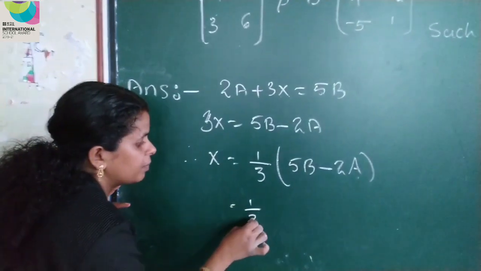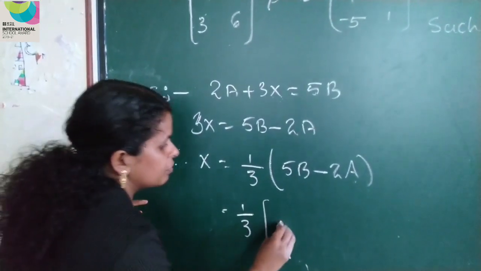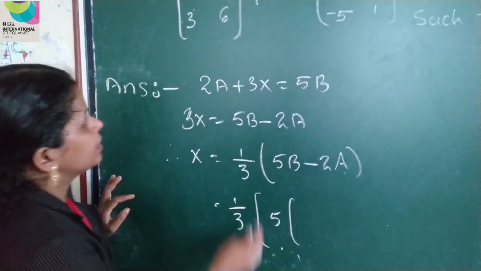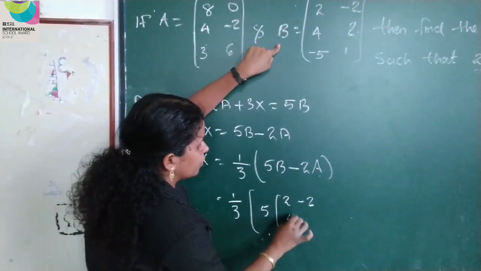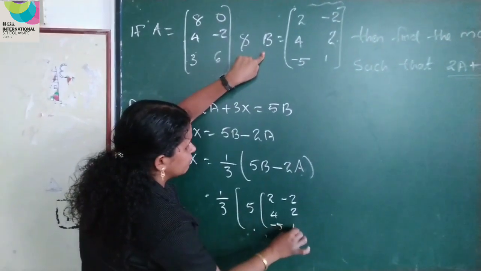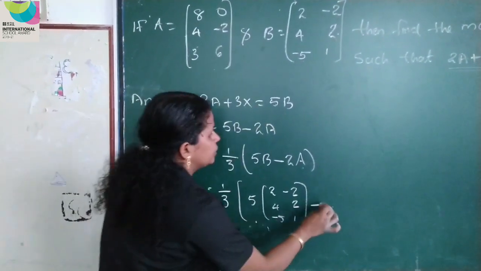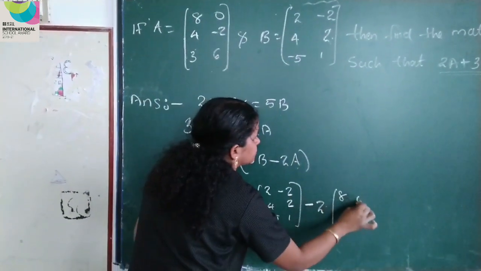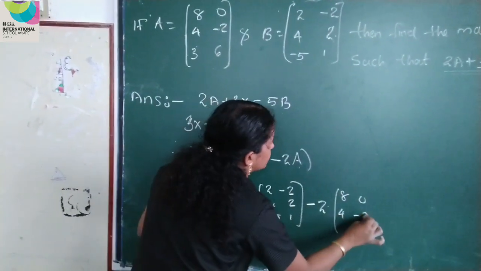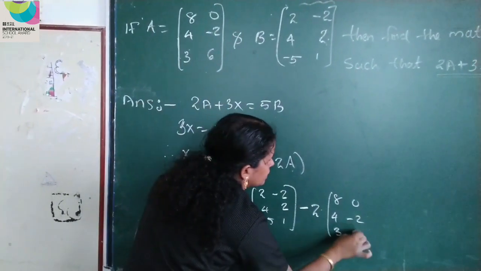That means 1 by 3 into 5 times matrix B, where B is [2, minus 2, 4; 2, minus 5, 1], minus 2 into A. A means what? [8, 0, 4; minus 2, 3, 6].